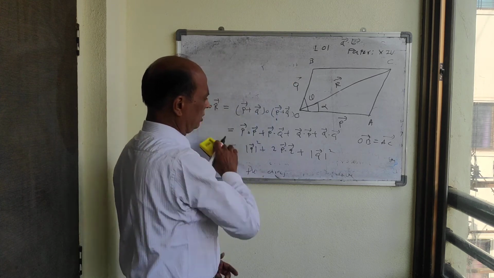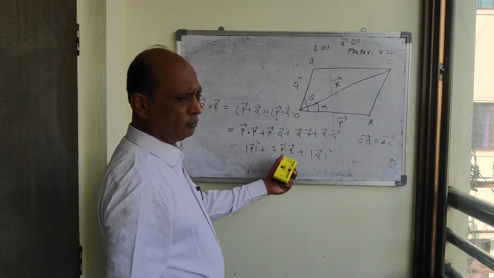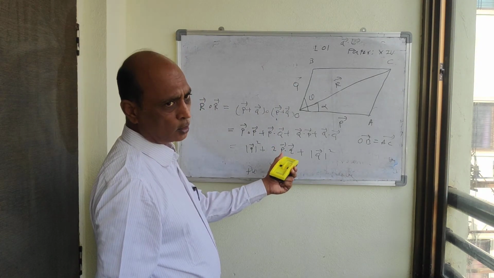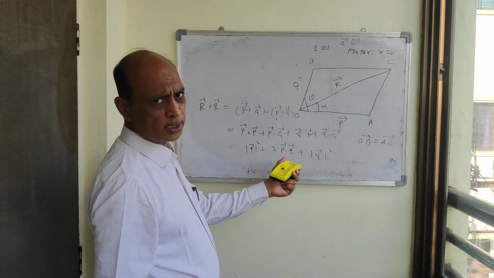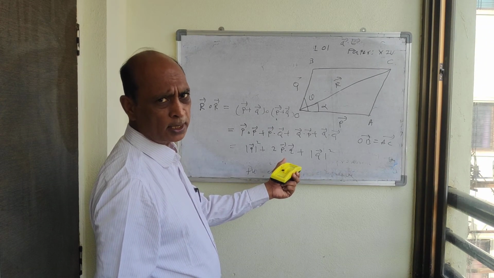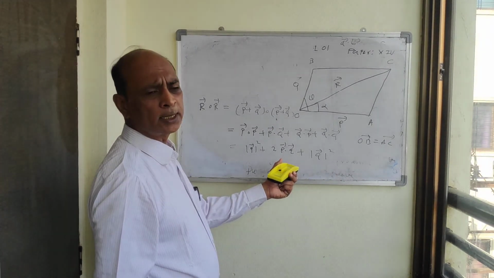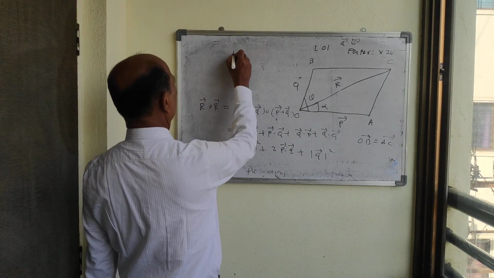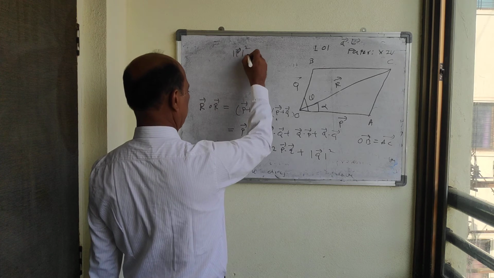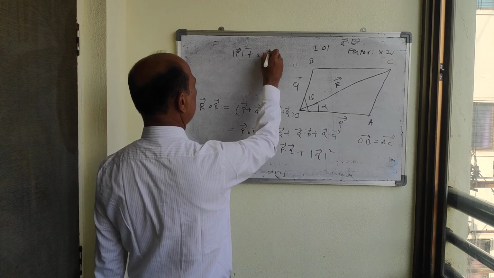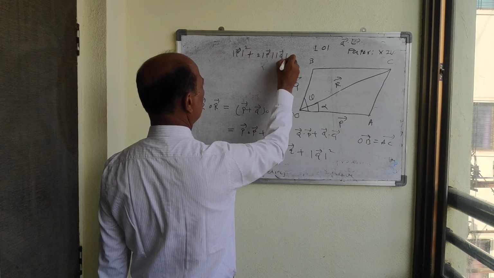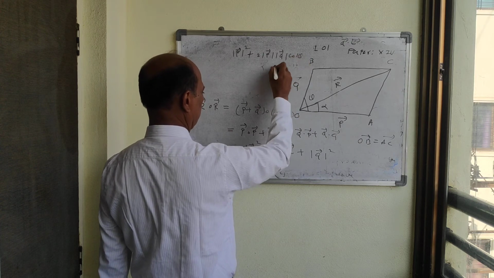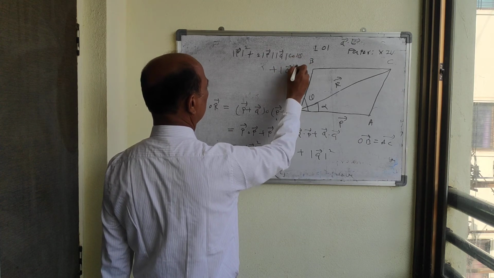Now we will use the actual definition of dot product: A bar dot B bar is equal to mod A bar into mod B bar into cos theta, where theta is the angle between these two vectors. So we get mod P bar square plus 2 mod P bar mod Q bar cos theta plus mod Q bar whole square.